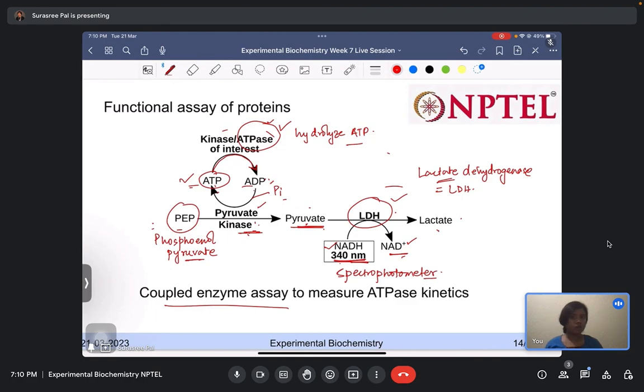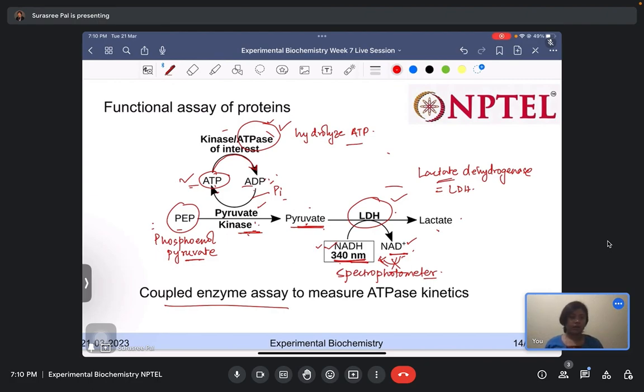If our protein is functional, if it is hydrolyzing ATP to ADP, then more and more NADH will be converted to NAD plus, because NAD plus cannot be converted back to NADH. This conversion is not possible.